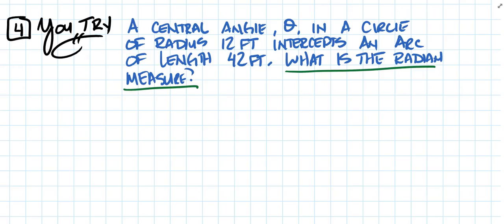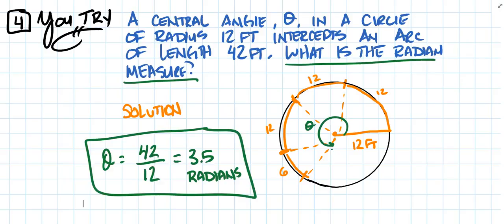Okay, you try. Here's another example for you. A central angle theta in a circle of radius 12 feet intercepts an arc of length 42 feet. What is the radian measure? The answer is 3.5 radians, but I want to dive a little deeper into where that comes from. Remember that the circle has a radius of 12 feet. So for every 12 feet I cover around the edge of the circle on the circumference, I have covered 1 radian. So there's 1 radian there.